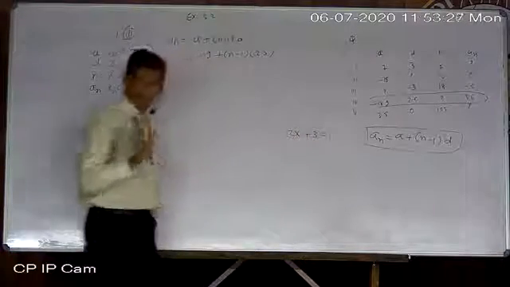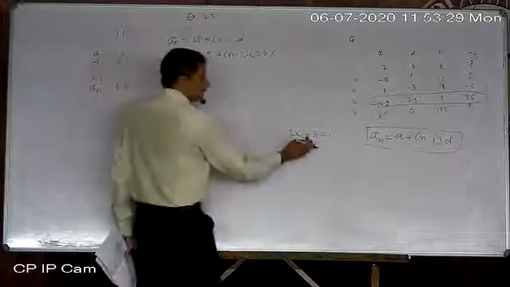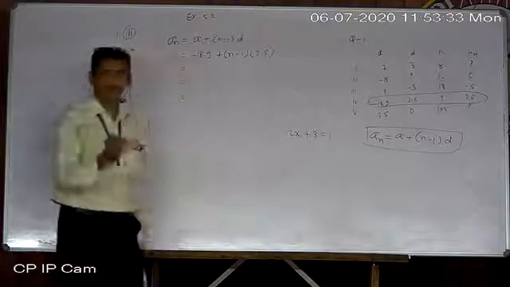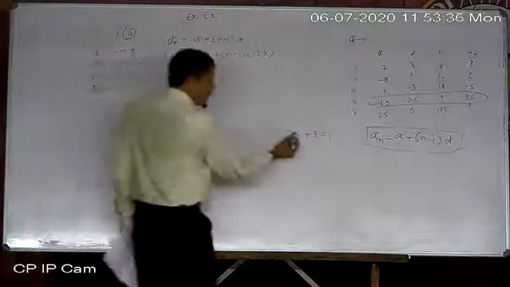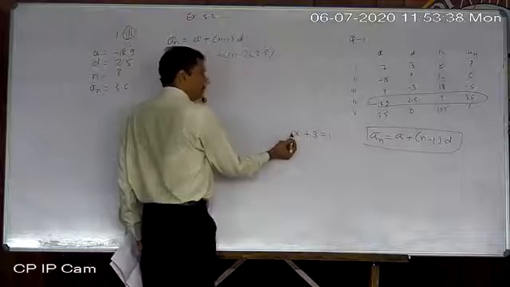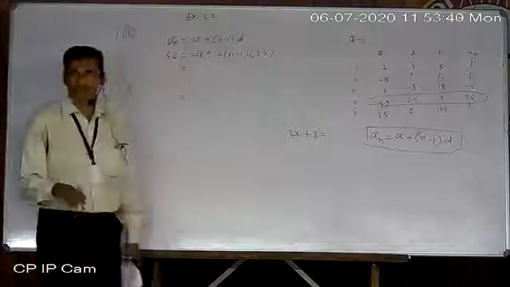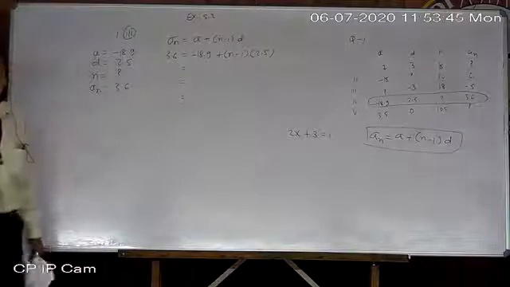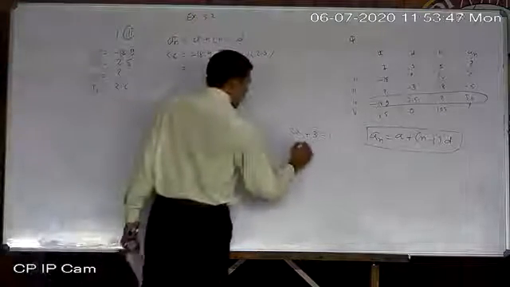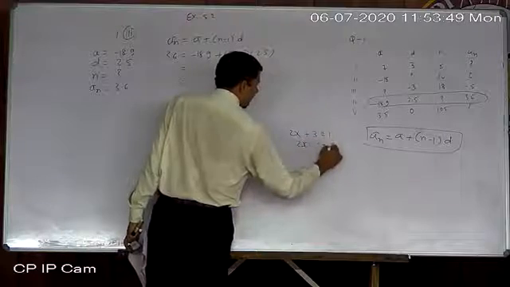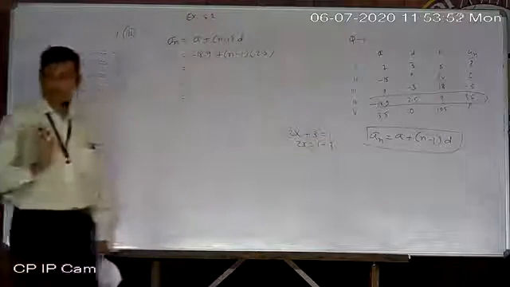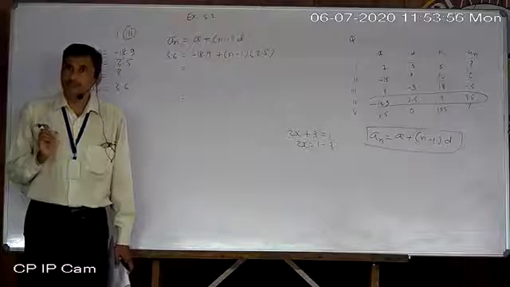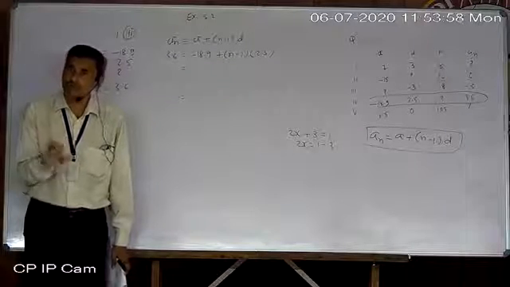What is a term and what is a coefficient? A term means a separate term: after a plus or minus sign, whatever starts, that is called a term. And whatever is related to the unknown by multiplication or division is called a coefficient. So here 3 is the term, 2 is the coefficient. So first of all, that 3 will be shifted, not this 2.